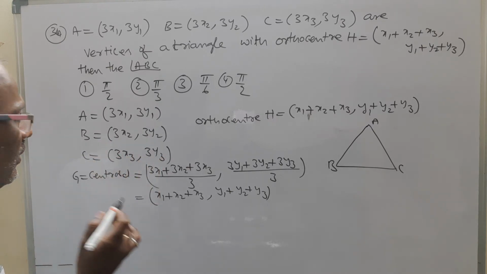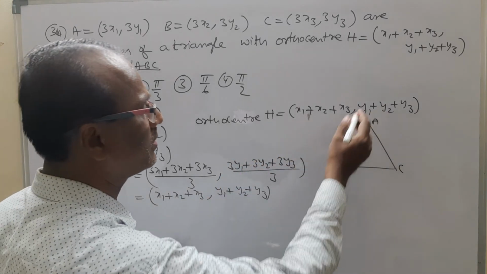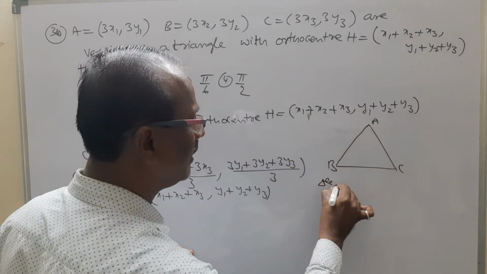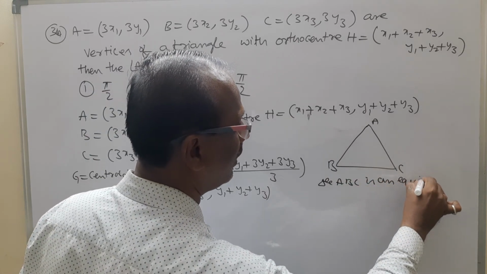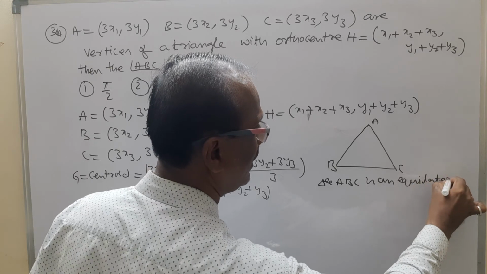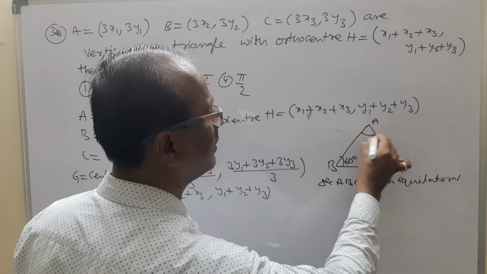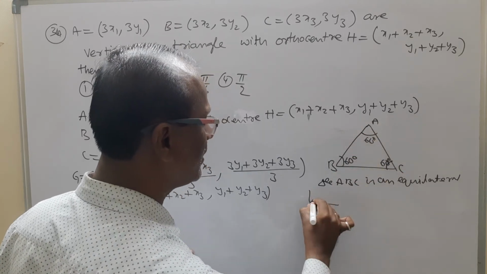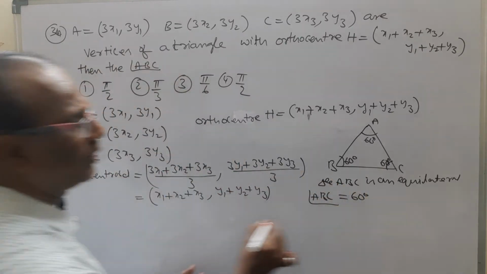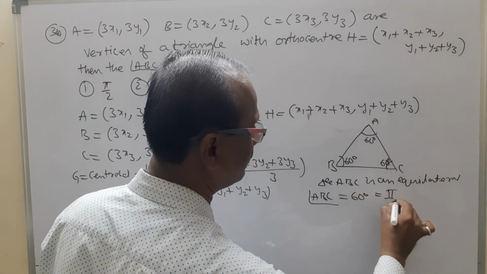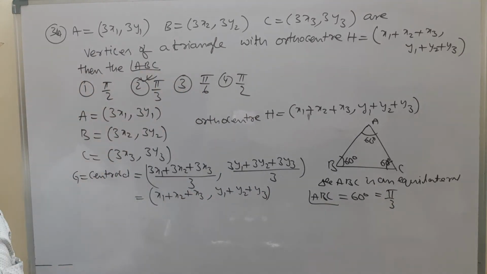Here the centroid coordinates and orthocenter coordinates are the same, so triangle ABC is equilateral. In an equilateral triangle, each angle is 60 degrees. So angle ABC in the question is 60 degrees, which in radians is pi by 3. The second option is correct.